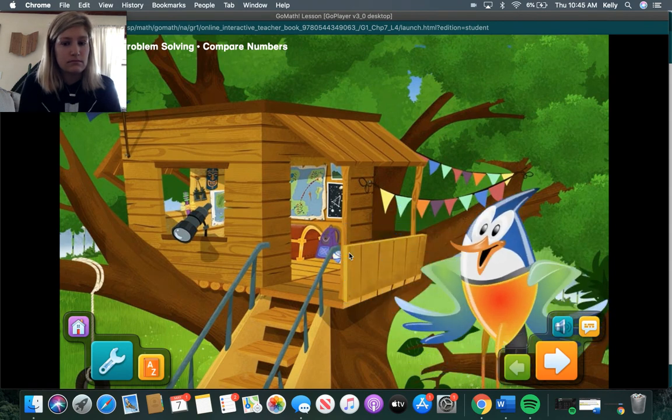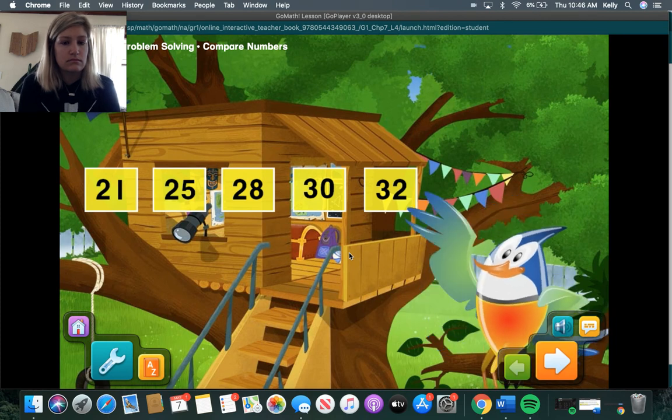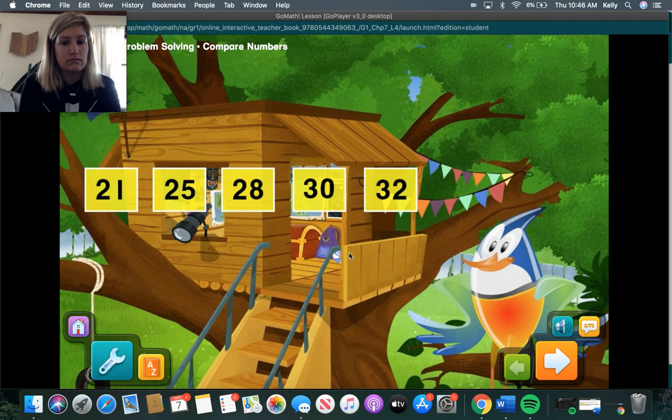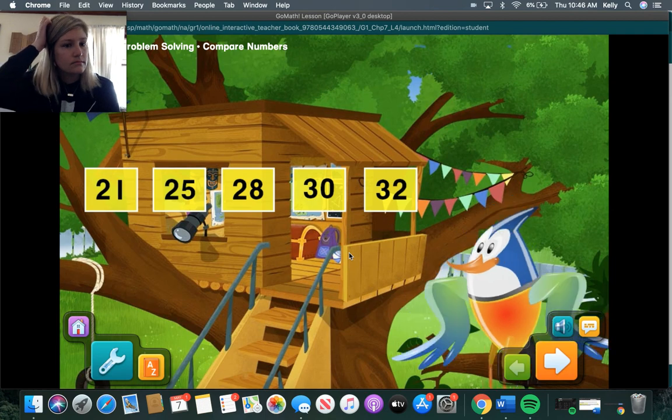Hi there! I was just organizing my marbles so I can give them as gifts to my friends. I even made some cards that show how many marbles I have of each color. I have 21 green marbles, 25 yellow marbles, 28 red marbles, 30 white marbles, and 32 blue marbles.